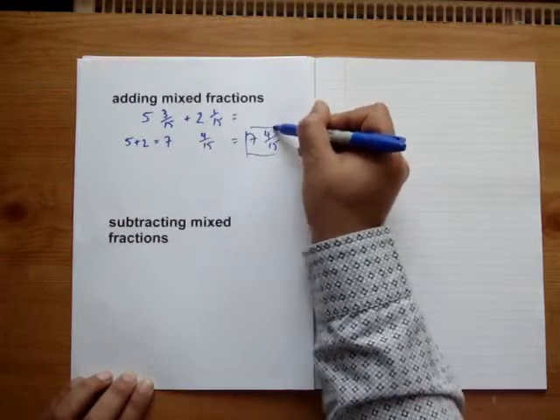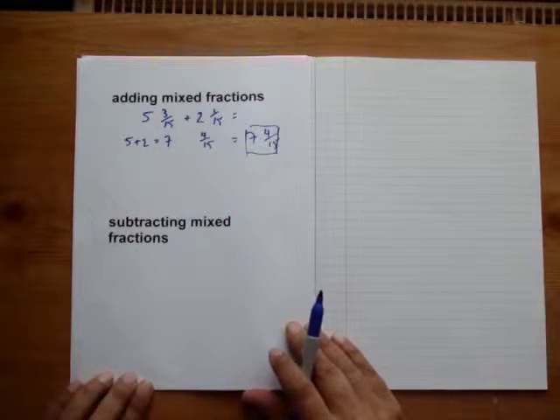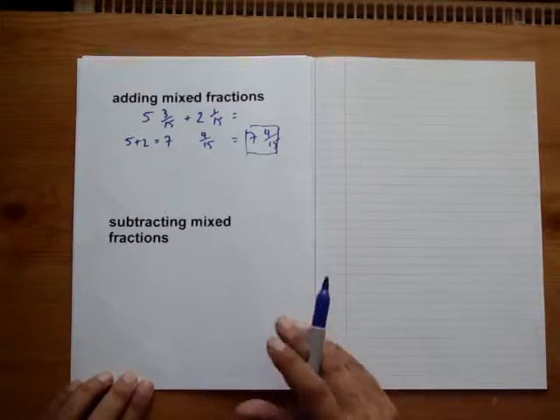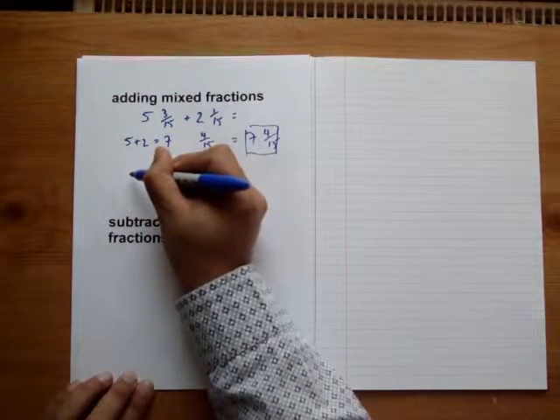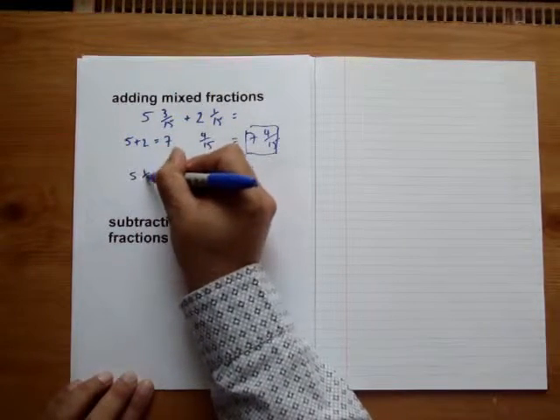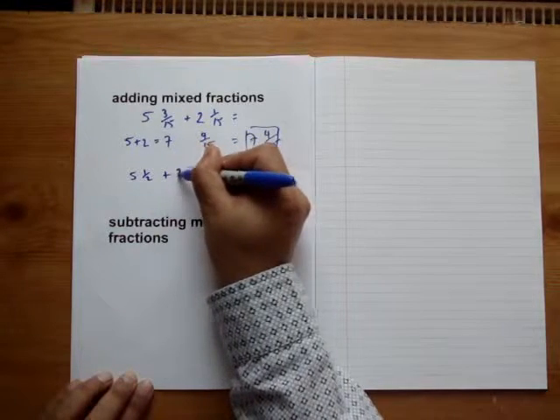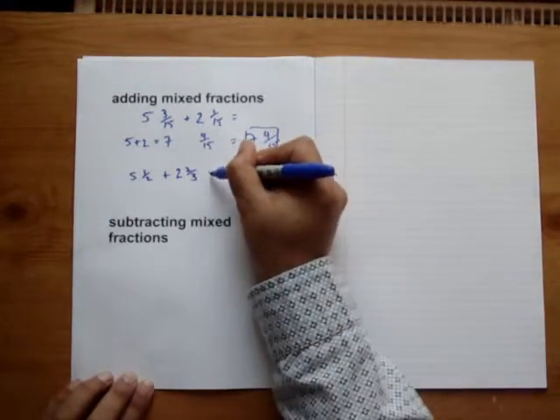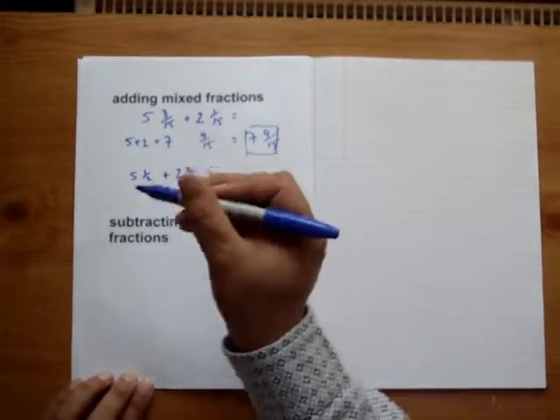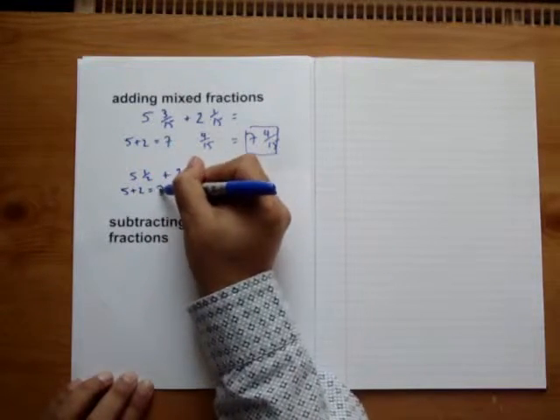That is the answer. Now, in the case where the denominators are different, for example, in 5 and 1/2 plus 2 and 2/3. First of all, we add the integers, so that's 5 add 2 equals 7.